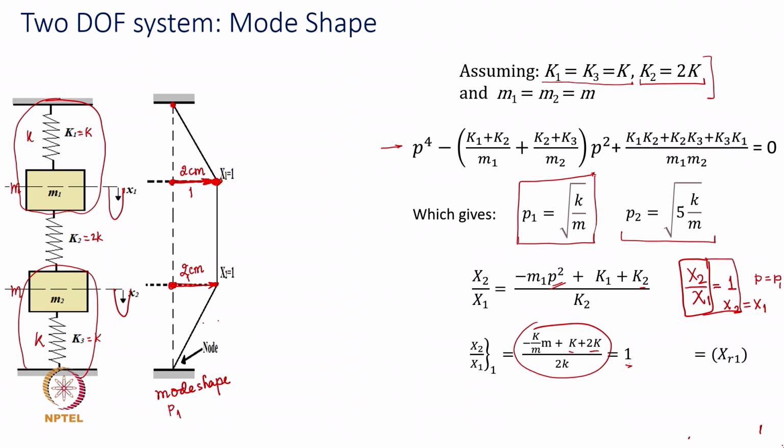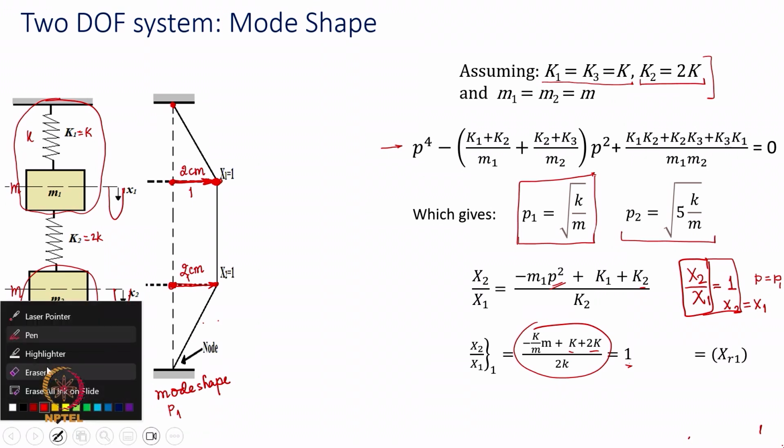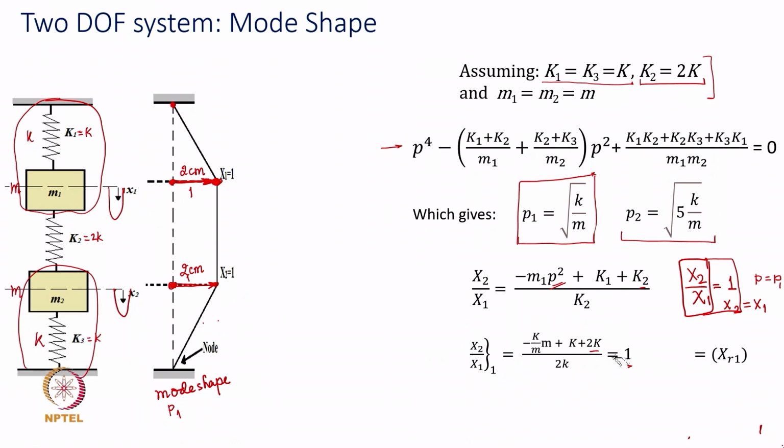Okay. I will show you more details of this mode shape very shortly, but let us now look at what happens when I substitute P equal to P2. That means, in this expression if I substitute P equal to P2, then what happens?